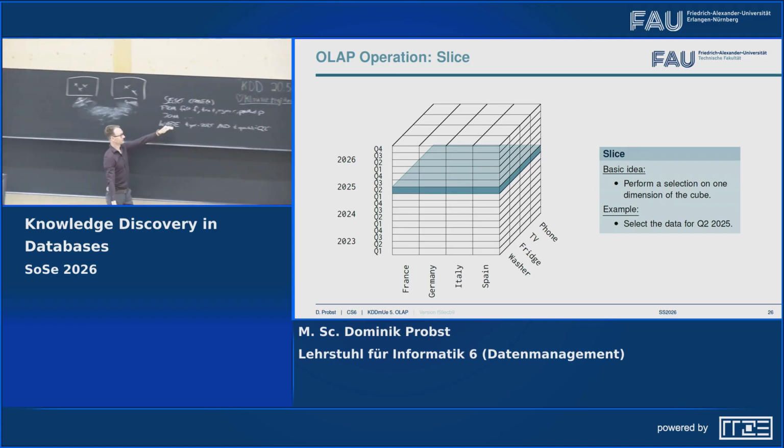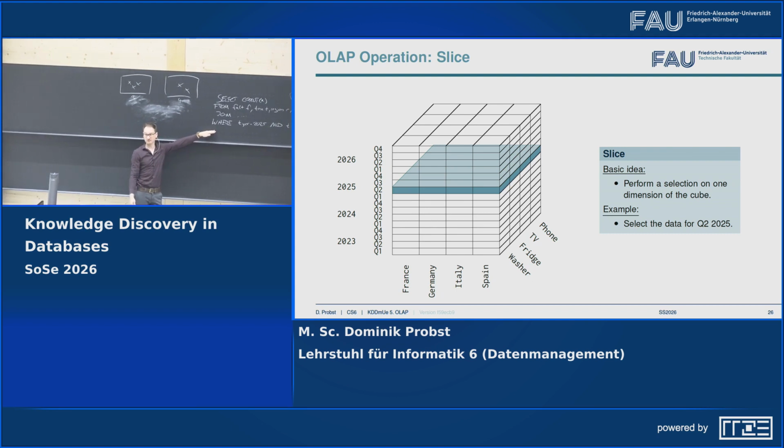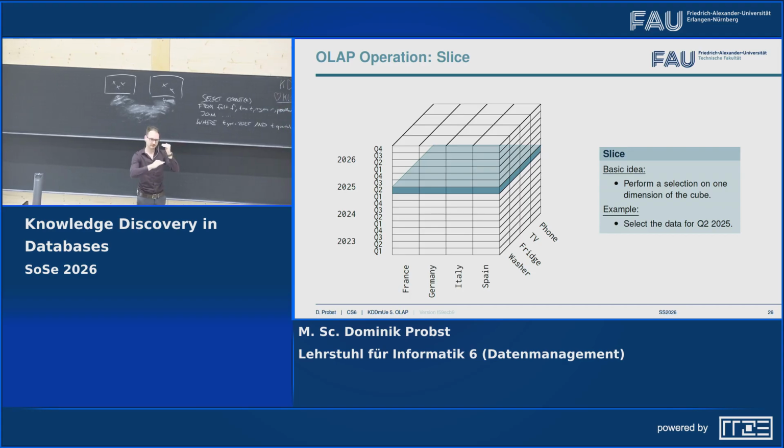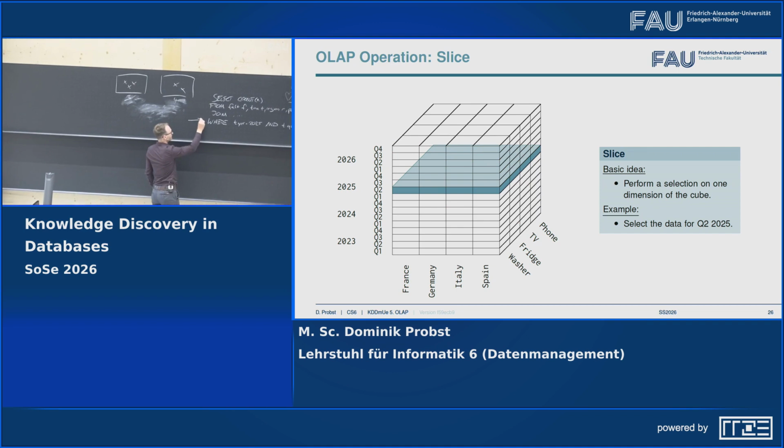And that's a case where I only select one dimension, or do a subset selection of one dimension. That's called a slice, because it basically slices a whole layer out of the original data cube. So this operation here would be the slice.